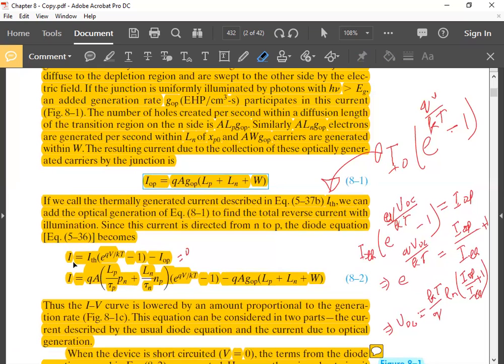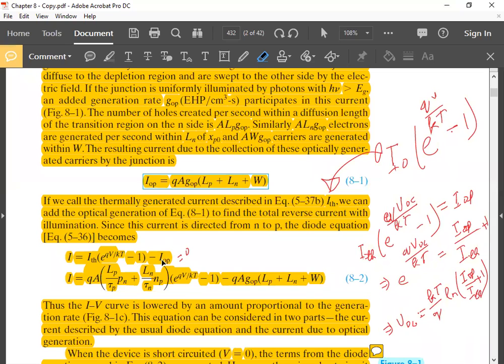So the total current for an illuminated junction is what? This I equal to this. This is the diode equation, first part, minus I op. Why minus I optical? Because this I optical is flowing from N to P side, the negative direction.